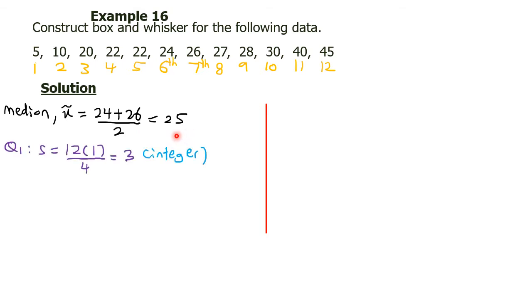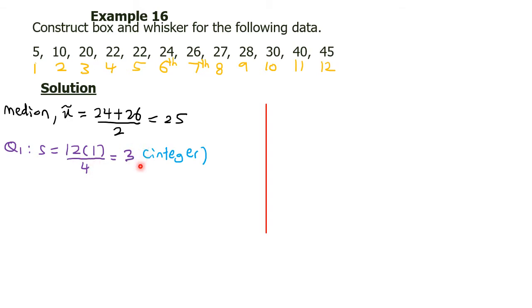And then for the first quartile, remember, as I said earlier, you have to find out S first, because we want to determine which observation we need to look at. Remember the formula from the previous video, nk over 4. n is 12, k is 1 because it is the first quartile, over 4.